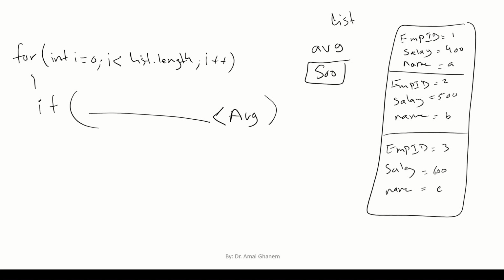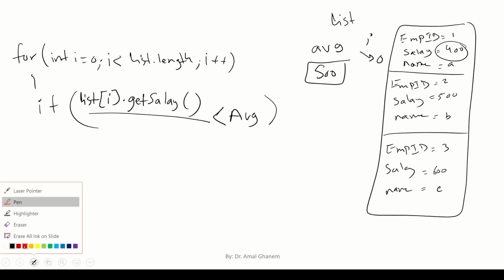It means that if I is at location 0, you have to go to the array at location I, which is currently array at location 0, and retrieve the salary. So I have to use the get method. We will say get salary, which will be 500. So I will have a comparison like this.